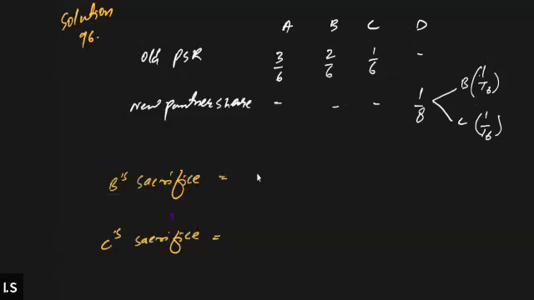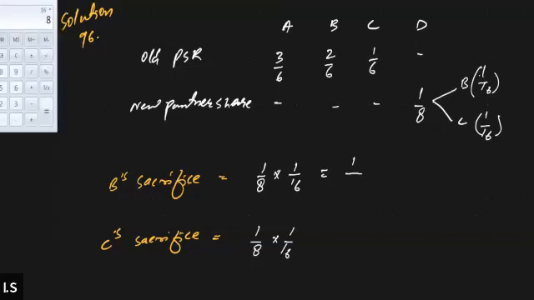So B is sacrificing how much? 1 by 8 into 1 by 16, and then 1 by 8 into 1 by 16. So this will be 1, and then 16 into 8 is how much? 16 into 8, we get 128.